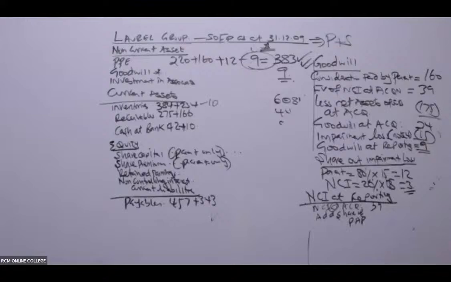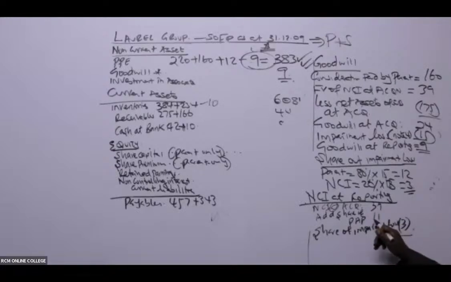NCI got 11, right? And you're forgetting that these guys have also gotten a loss. They've gotten a hit here. So we have here share of what here? Share of impairment loss of 3, like that.